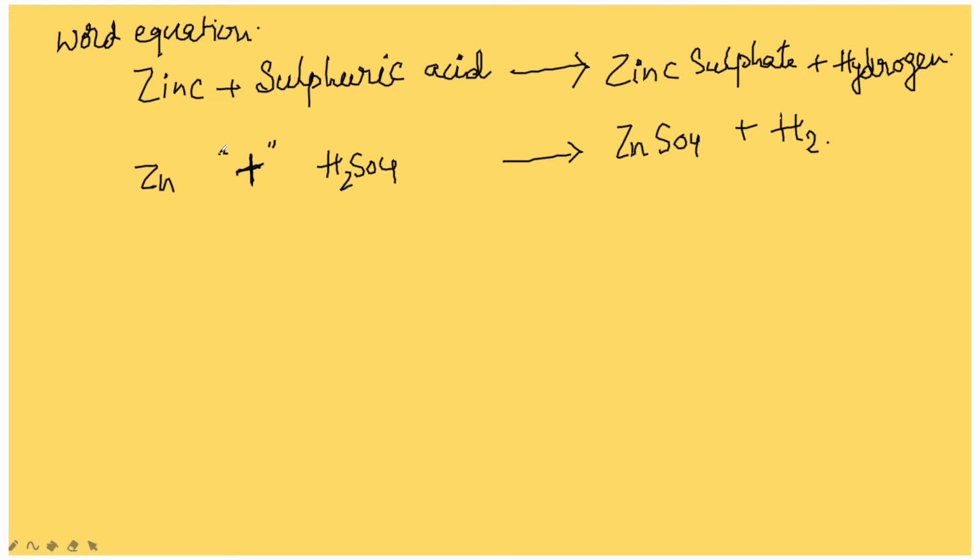And in the middle, the phrase gives rise to is shown with an arrow. Okay, so these things are very important to understand while writing the equation. So that gives the product which is written as ZnSO4. When zinc is reacting with H2SO4, it gives ZnSO4 and hydrogen.